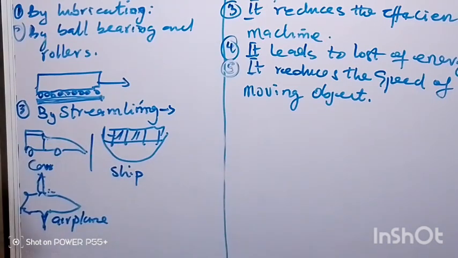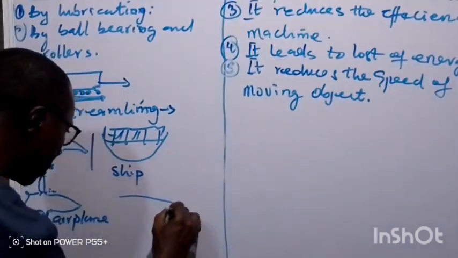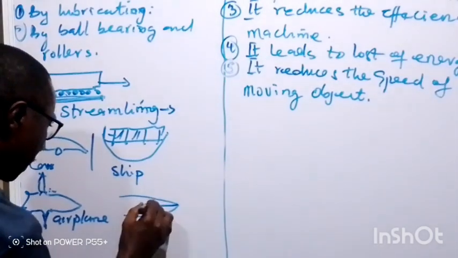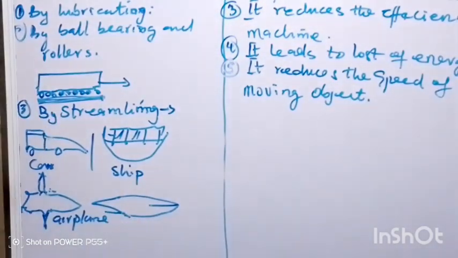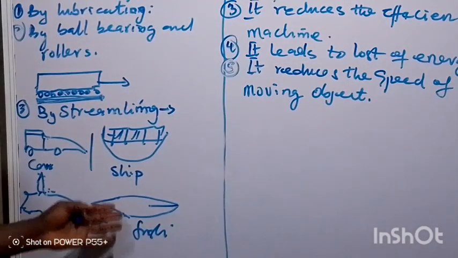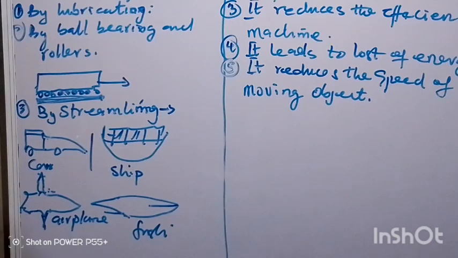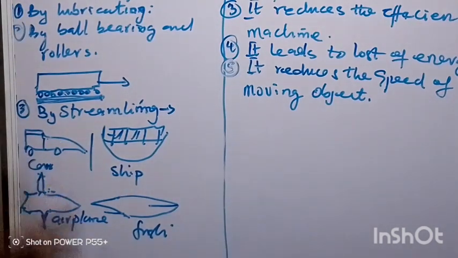So this is what we call streamlining. And if you look at the shape of fish inside the sea also, the shape of the fish is something like this, just to prevent water friction. It is called streamlining.